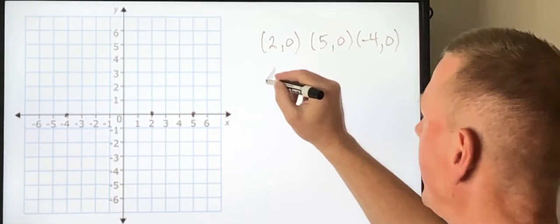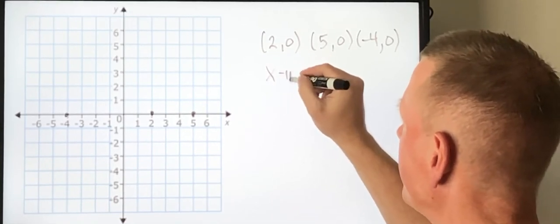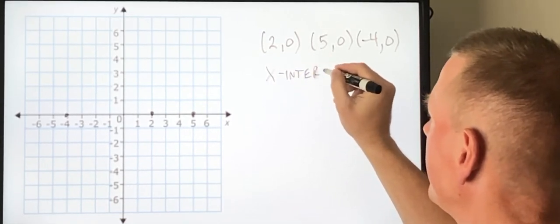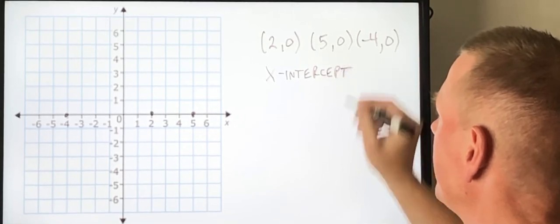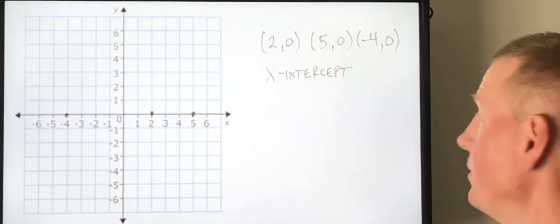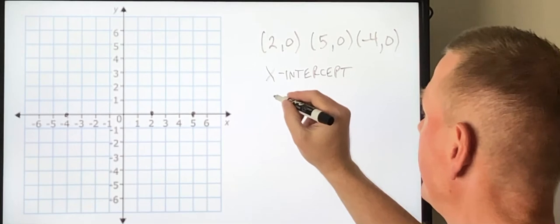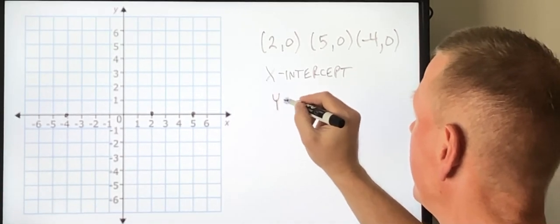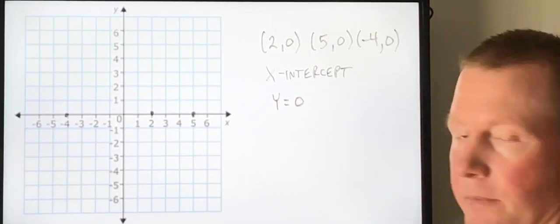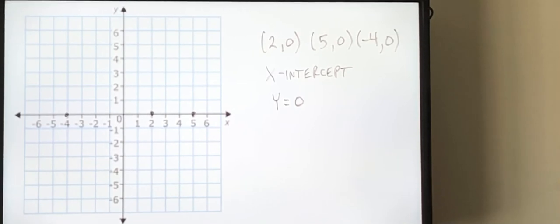So if I want to find the x-intercept and I have an equation, I'm going to put in 0 for y. In other words, I'm going to let y equal 0 in the equation.